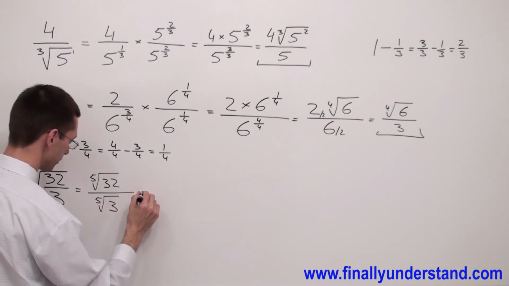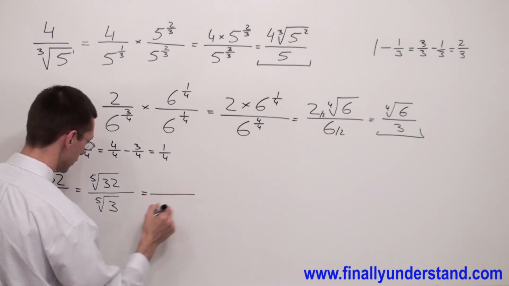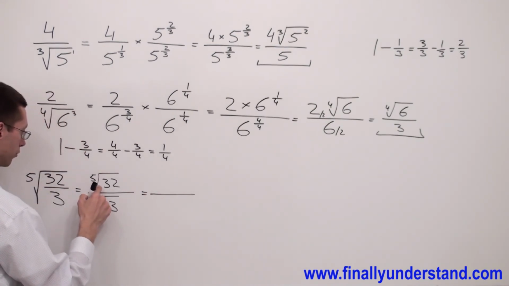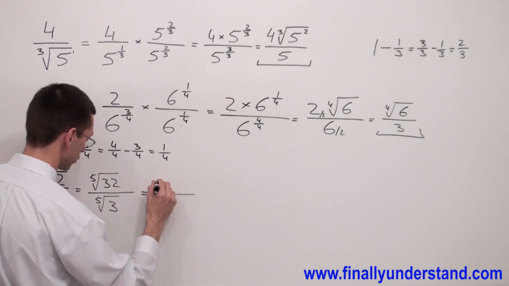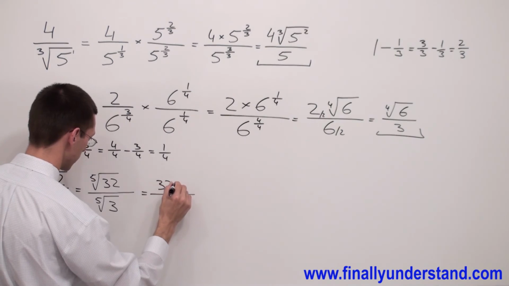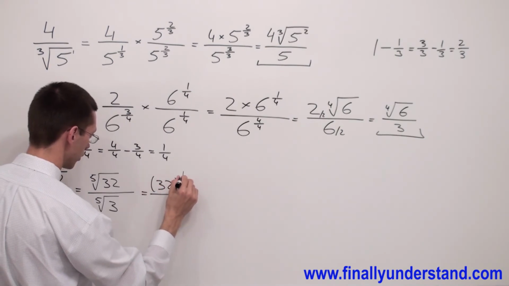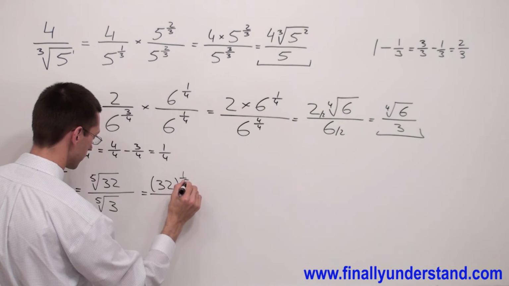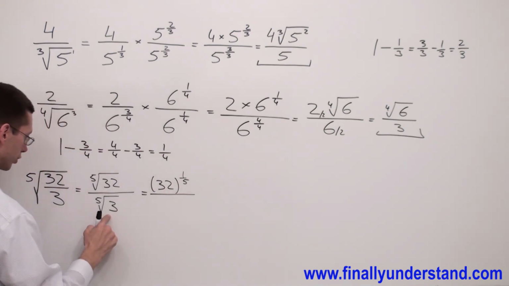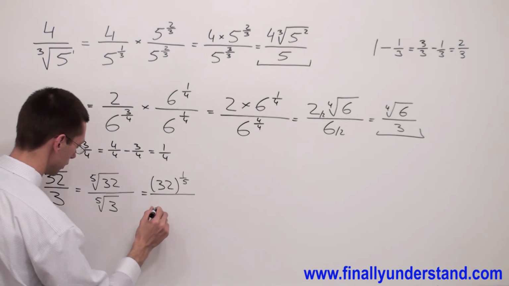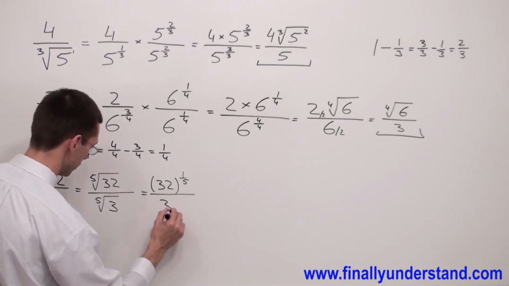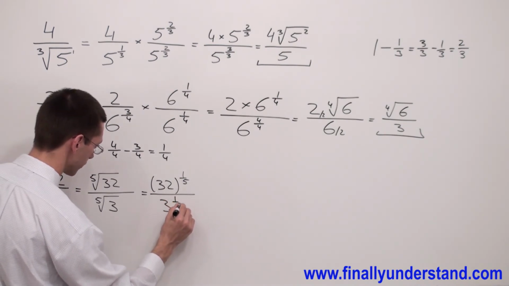How can I do that? I'm going to convert this radical to the exponential form, and I'm going to have 32 to the power 1/5, okay? And I'm going to also convert the denominator to the exponential form, because I'm going to use this later on, and I'm going to have 3 to the 1/5.